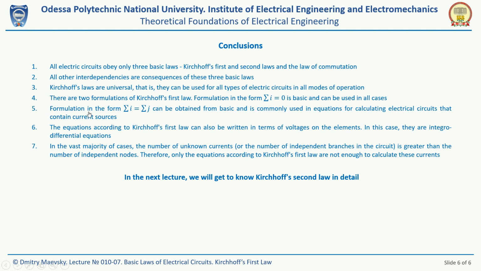The formulation in the form: the algebraic sum of currents in a node is equal to the algebraic sum of currents of current sources for this node, can be obtained from the basic formula, and it's commonly used in equations for calculating electric circuits that contain current sources.